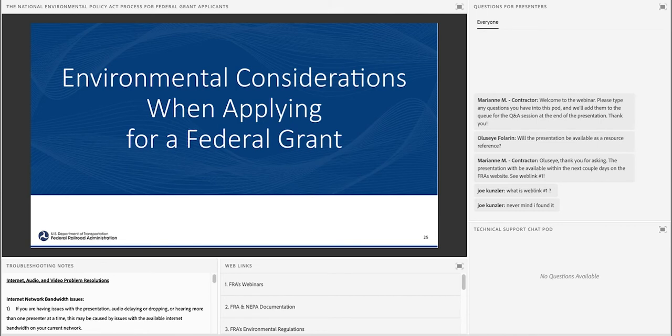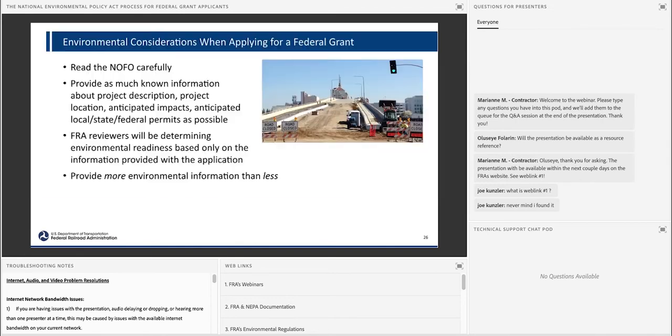The next set of slides, I'll be going through environmental considerations for applying not only to an FRA grant, but these tips are helpful for any DOT discretionary grant program. I can't stress this enough: one bit of advice is to read the NOFO carefully. As I mentioned in the beginning of the presentation, it can be found on the FRA website or grants.gov.